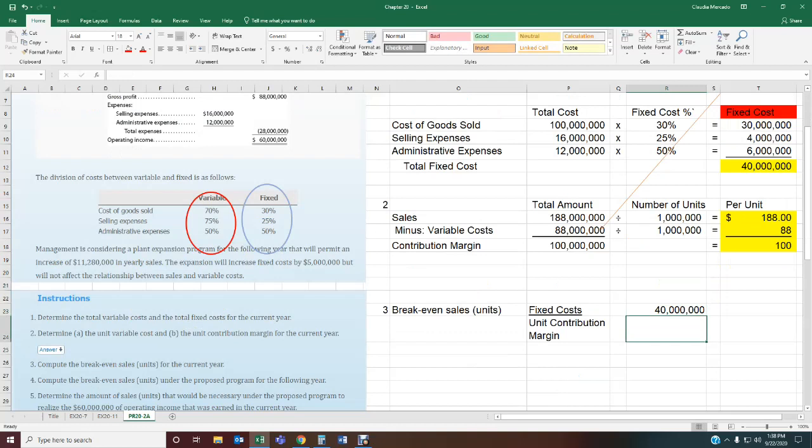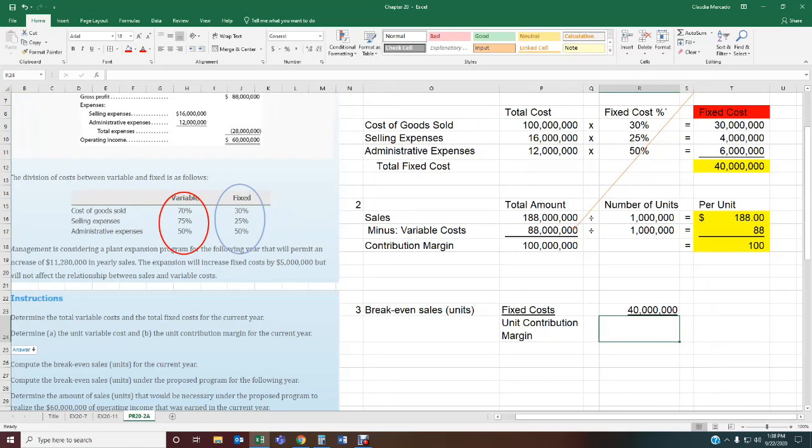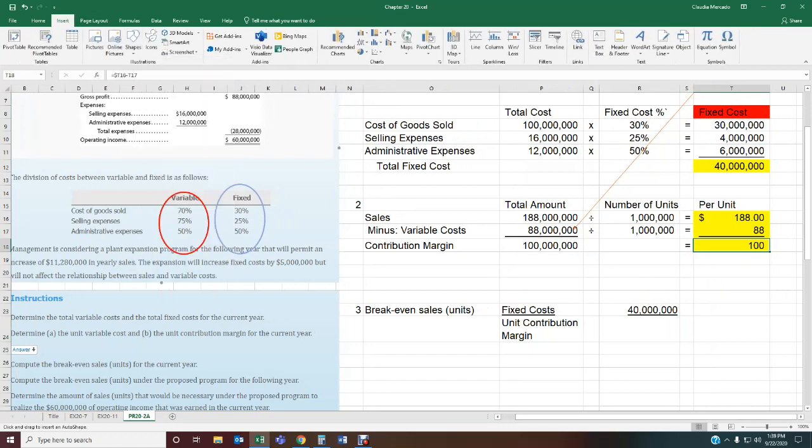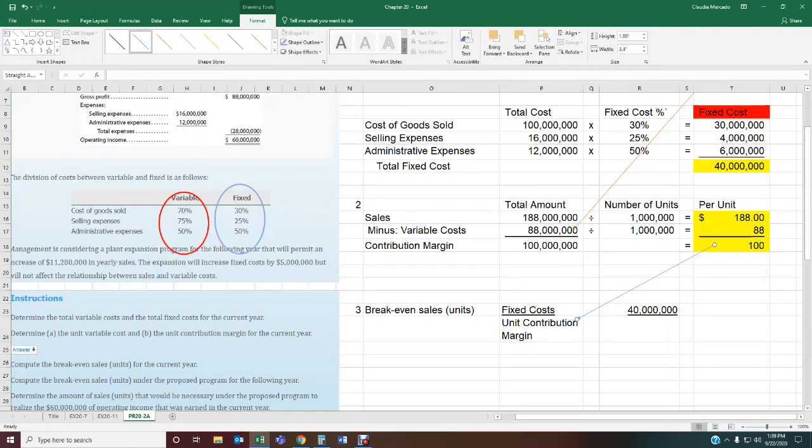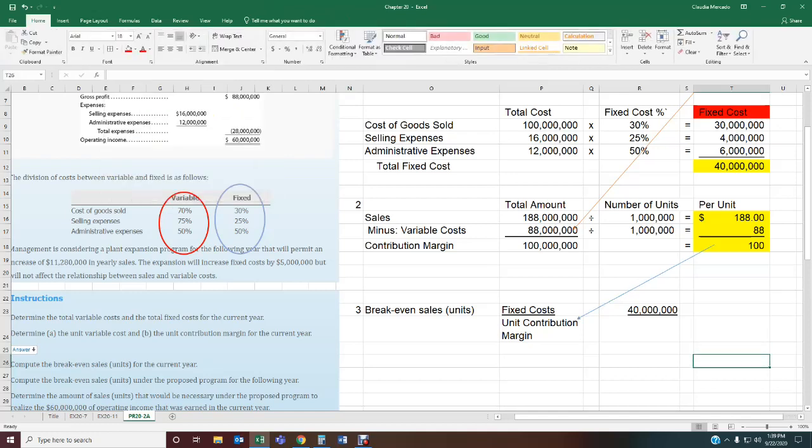And I'm going to divide by my unit contribution margin. Your unit contribution margin, we've calculated it, it's right there. It's 100. So my unit contribution margin is right there, $100 per unit.